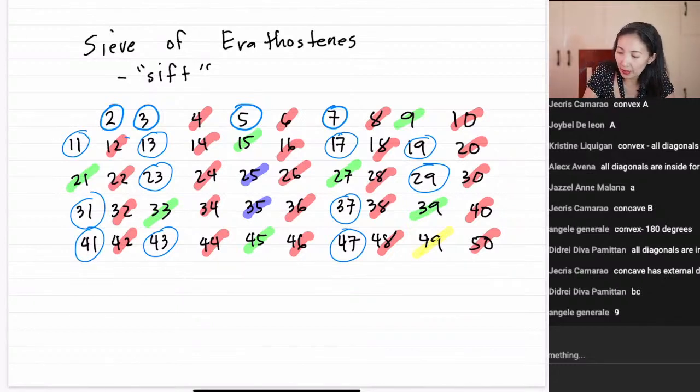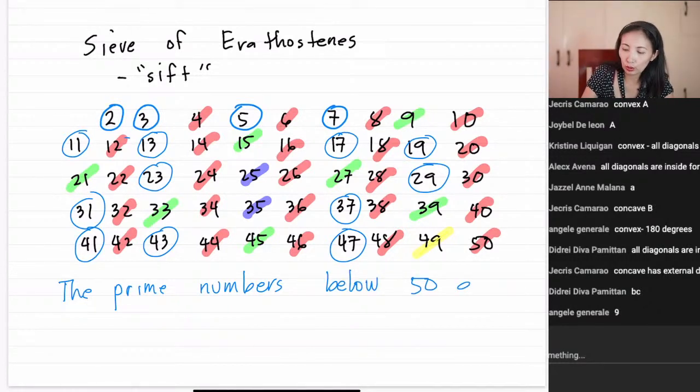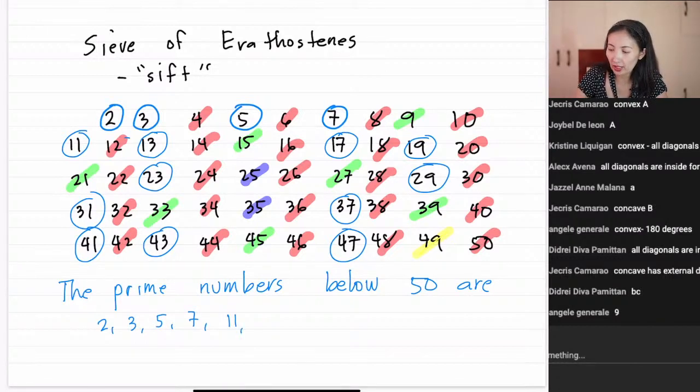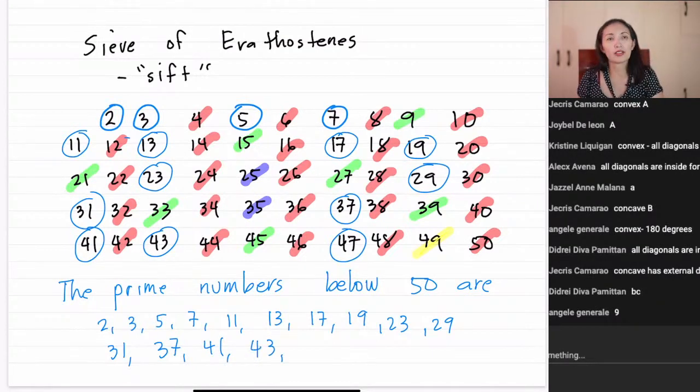So, the prime numbers below 50 are 2, 3, 5, 7, 11, 13, 17, 19, 23, 29, 31, 37, 41, 43, and 47. Okay, so this is the Sieve of Eratosthenes.